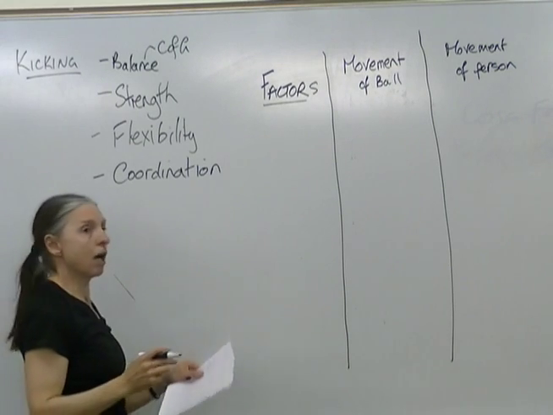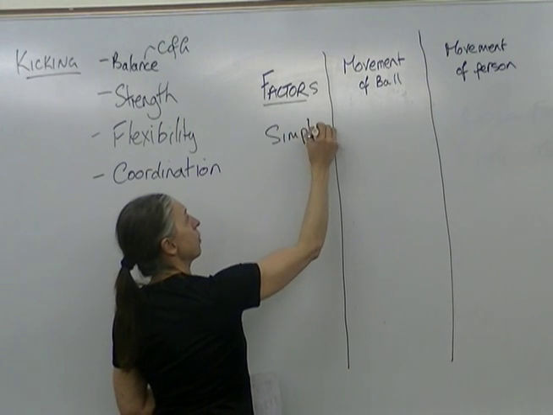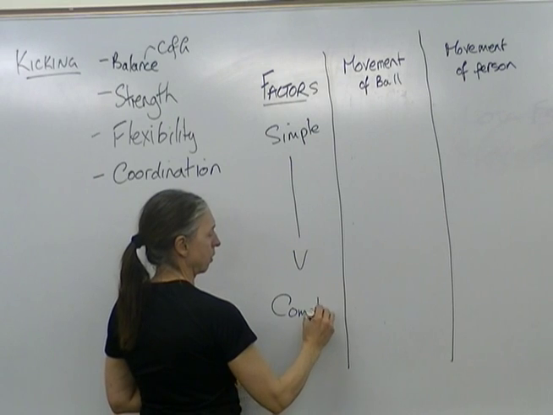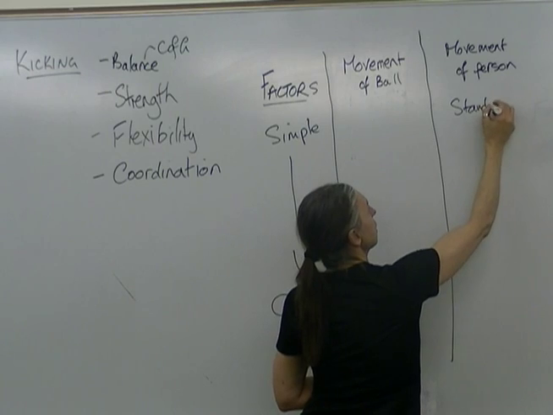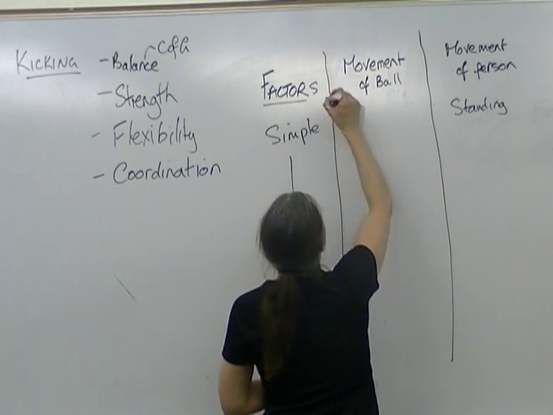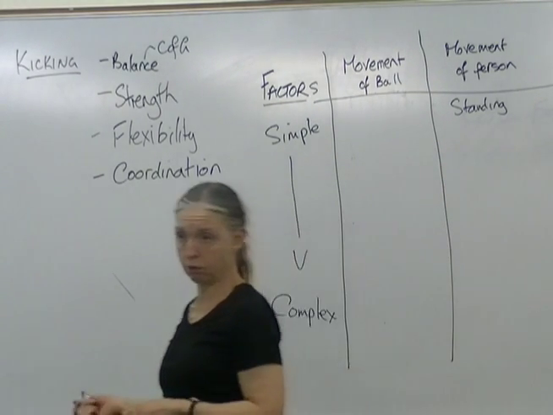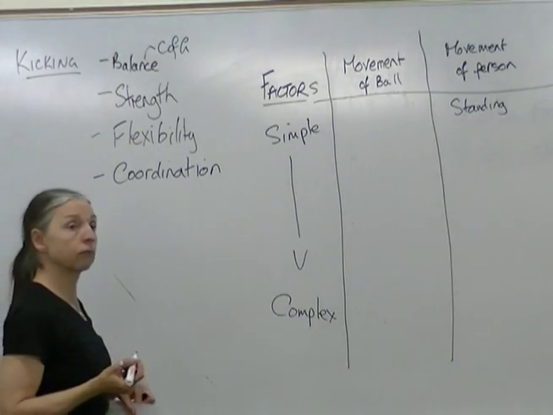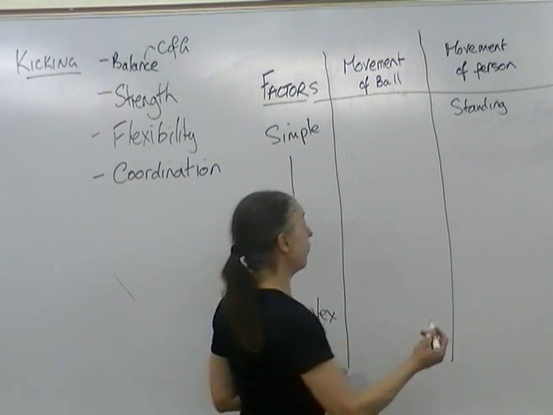Then we're going to come up with a continuum from simple to complex. All right, so standing still is the simplest version. What would be the most complex version? Running slow? Fast. Running fast.